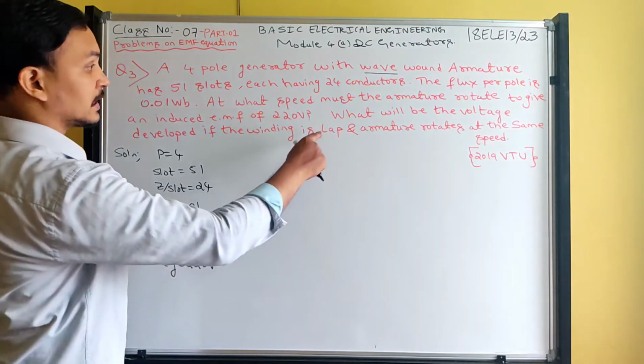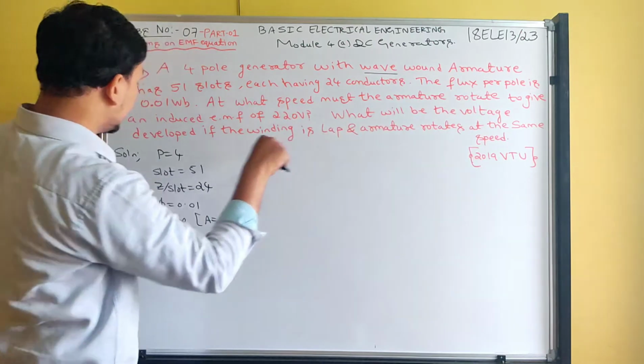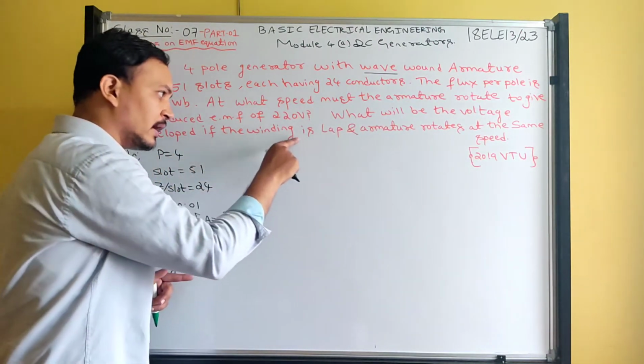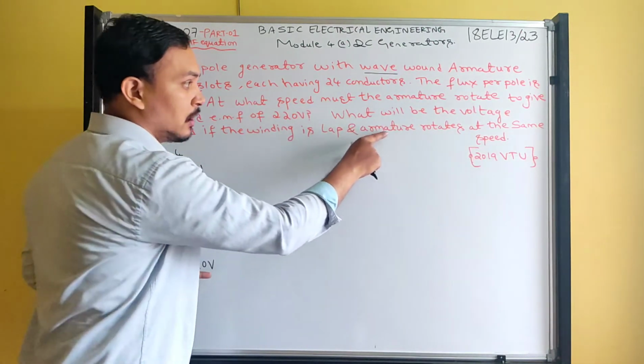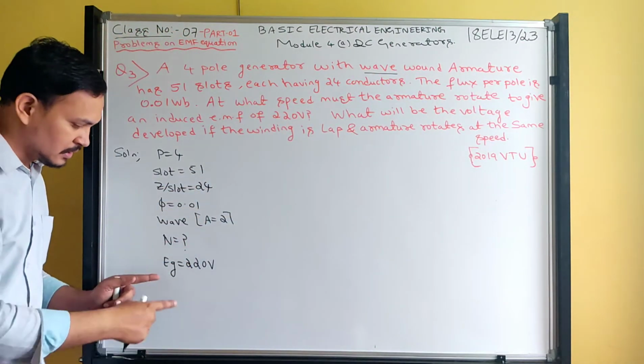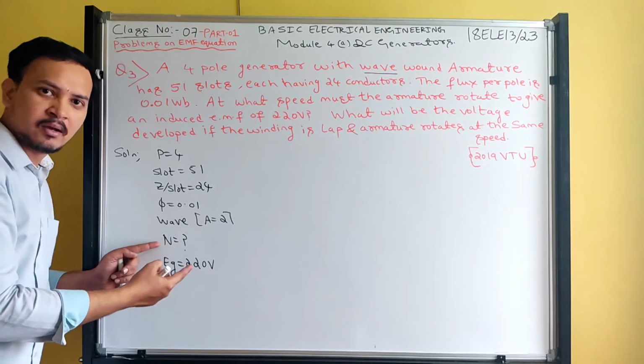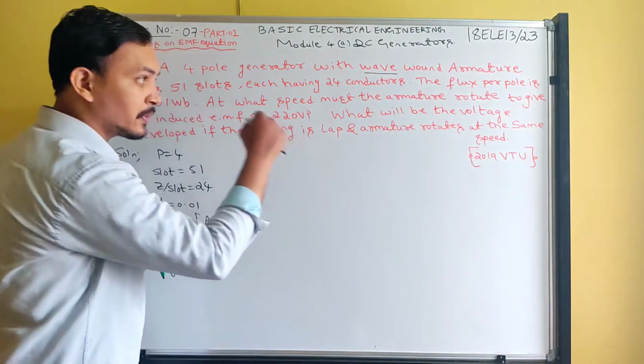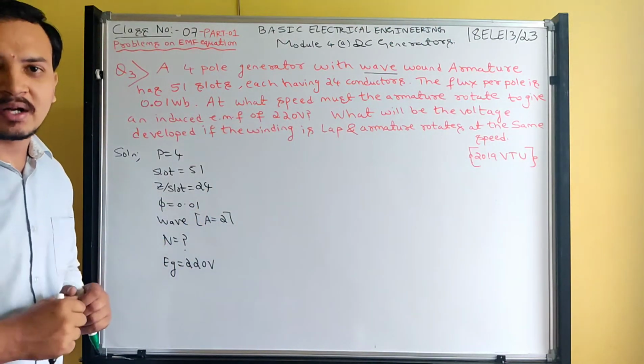Next, the second question. What will be the voltage developed if the winding is lap and the armature rotates at the same speed? The second part is: take the same speed, and if the machine is lap connected, what is the generated voltage?